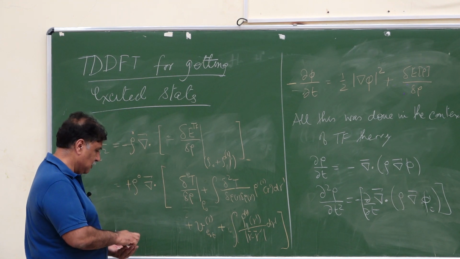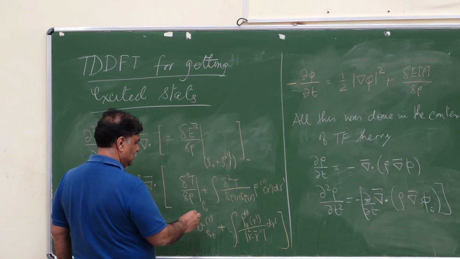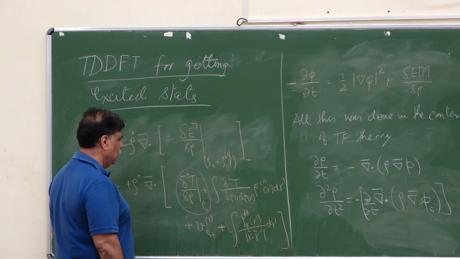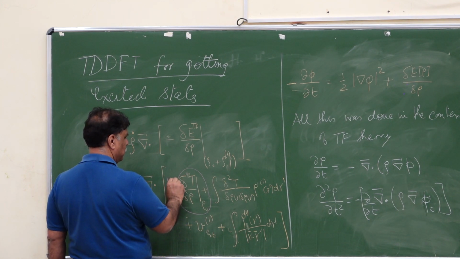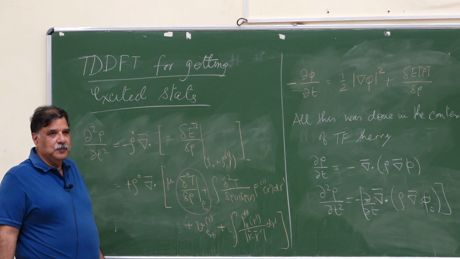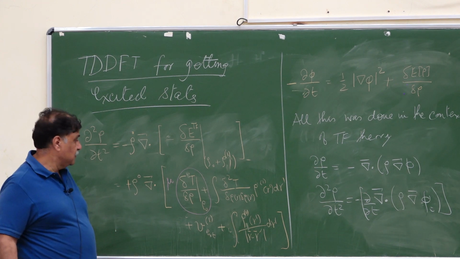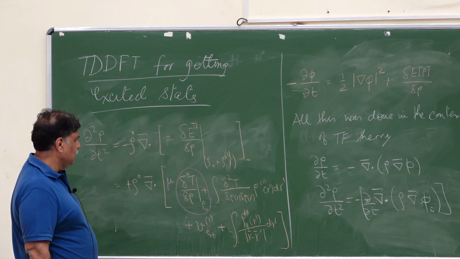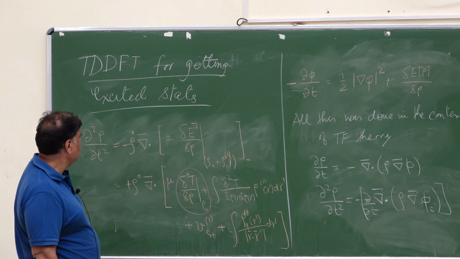Alright, now this term is some mu at rho 0. dT by d rho in Thomas-Fermi is mu for a homogeneous gas. So grad of mu, the divergence of mu, is going to be 0, and wait a minute, there is some divergence also somewhere.